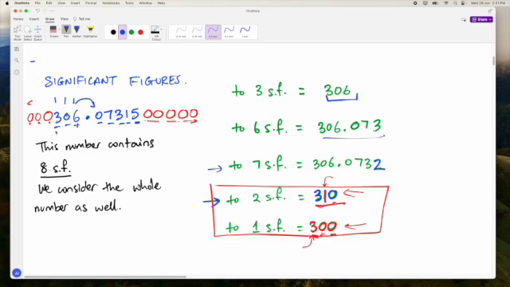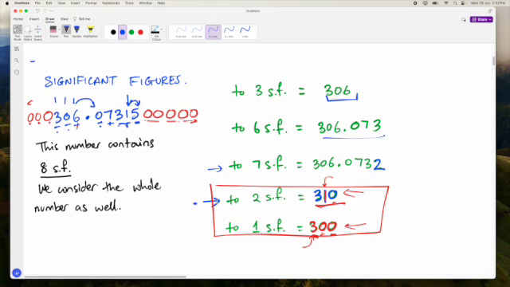To 6 significant figures, 1, 2, 3, 4, 5, 6, you check your number after is less than 5, so it'll be 306.073. To 7 significant figures, we will have 306.0732, because the 1 would be the last one, 1, 2, 3, 4, 5, 6, 7, and of course the number after is 5 or greater.